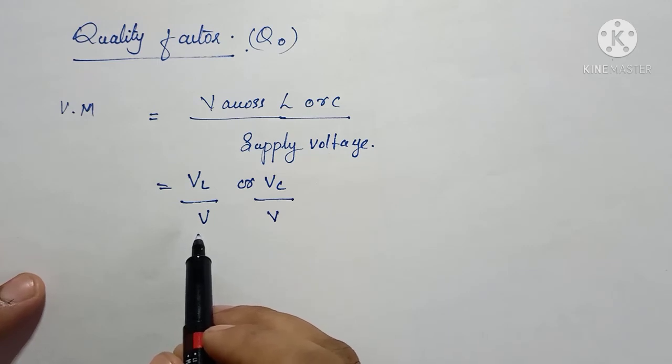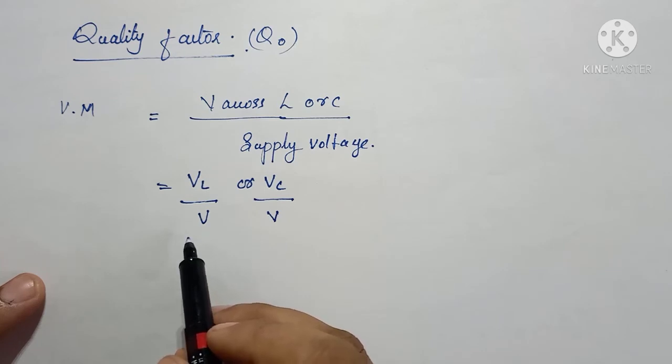The effect of reactance of inductor and capacitor will be 0, but the voltage drop will exist only across the resistor.